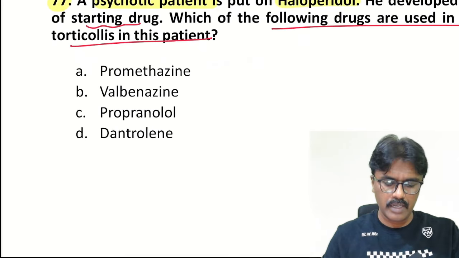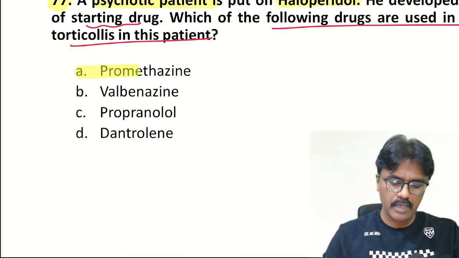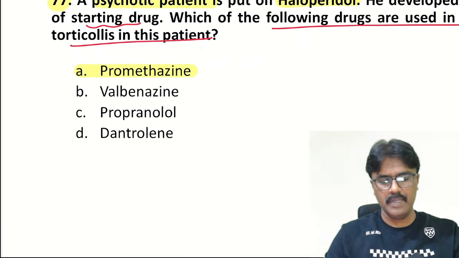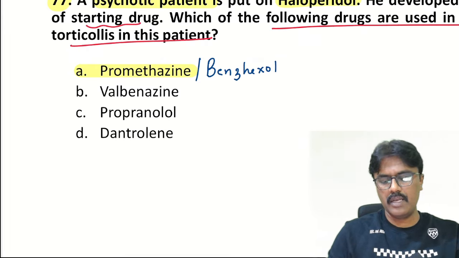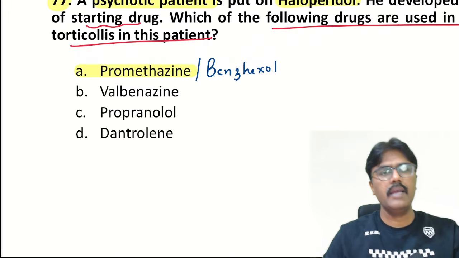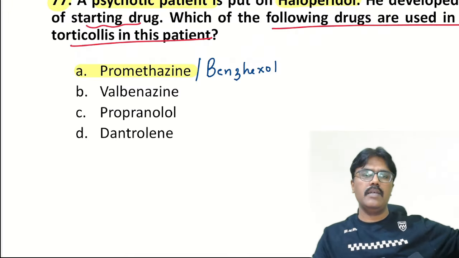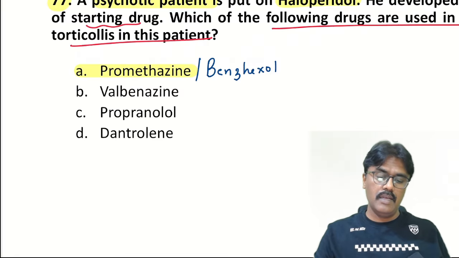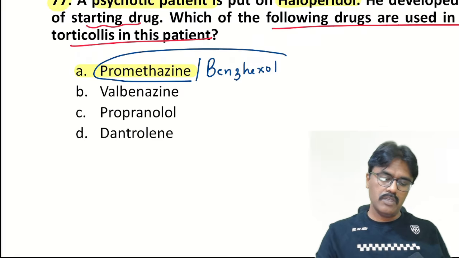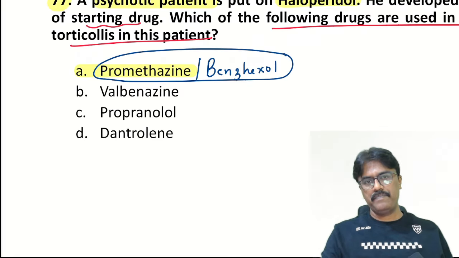So what drug can I give? The drug I can give is promethazine. If promethazine is not there, the best option will be benzhexol. So this is what I can do. Again, when we give this antipsychotic drug to elderly people, they develop drug-induced Parkinson's disease. That time also the drugs we use are promethazine or benzhexol.